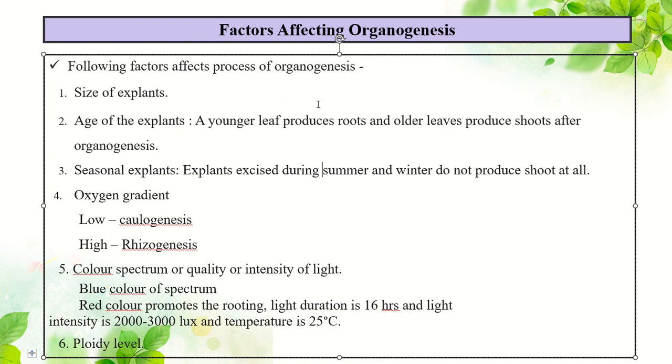Generally, the blue spectrum is useful for shoot production, or you can say organogenesis formation. They utilize the blue color spectrum. But as per research, many researchers have found that red color intensity promotes rooting. These are the key points of any plant tissue culture technique. And you can ask your students also.